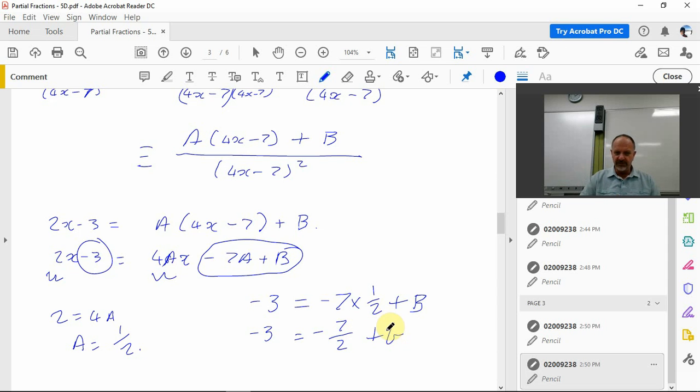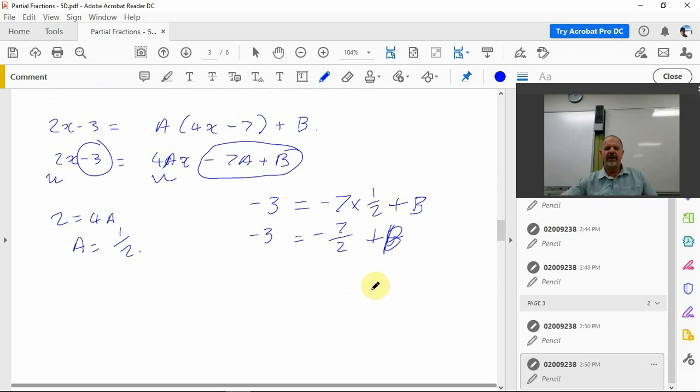It's a big B, better put a big B in, not a little b. And then that as halves would be minus 6 halves plus 7 halves is b. So b is a half also.